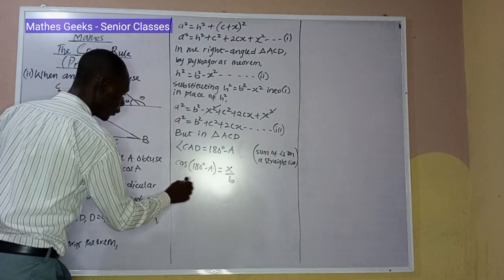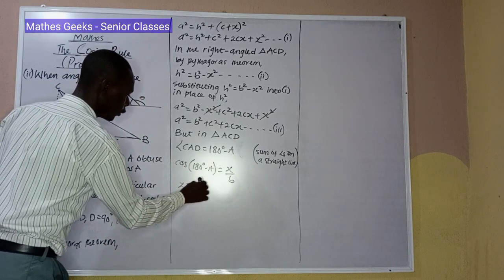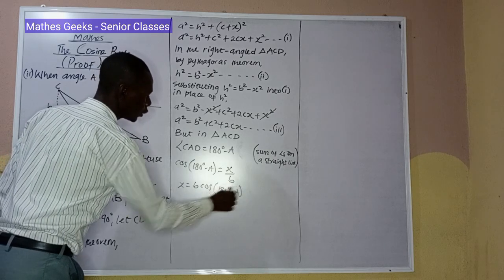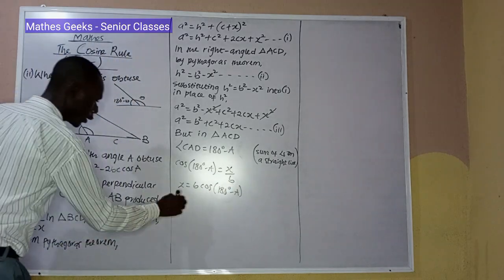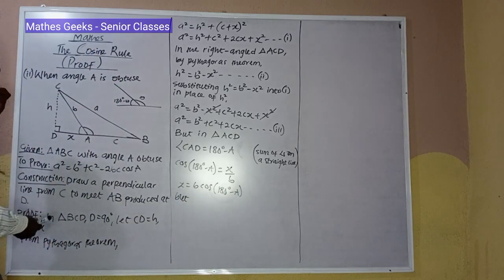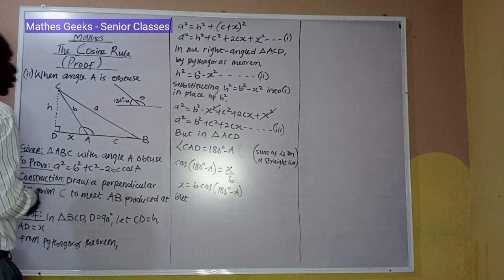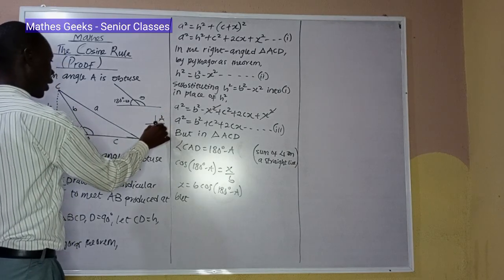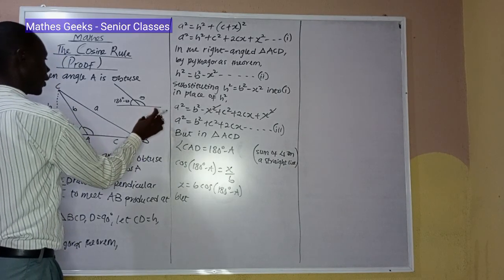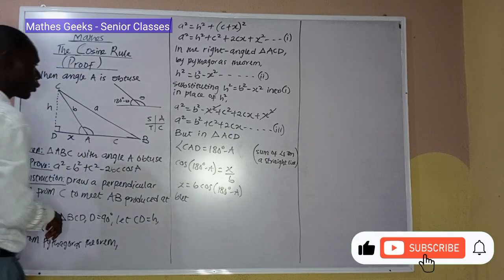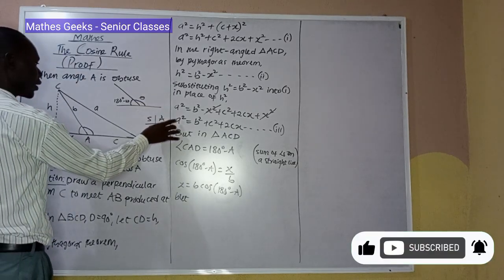So therefore x is equal to b cos (180 degrees minus A). We know that since this angle is 180 degrees minus A, that means cosine is in the second quadrant, and we have our CAST diagram. Here all the trigonometric ratios are positive, such as sine, cosine, and tangent.